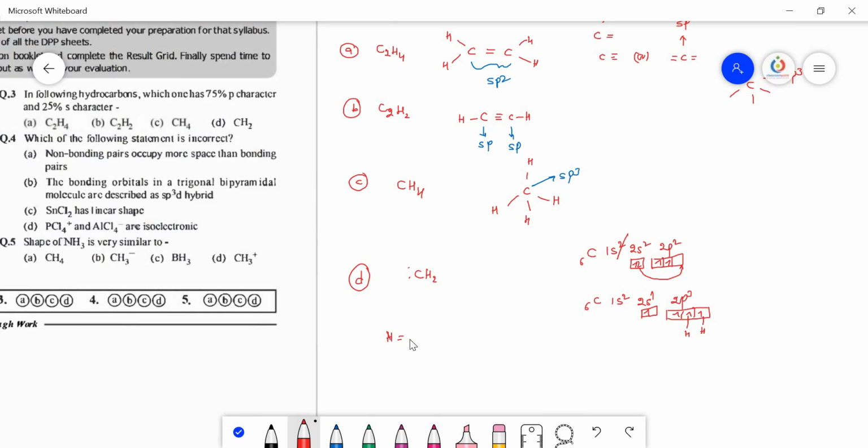Hybridization equals half into valency of the carbon, 4, plus 2 monovalent hydrogen atoms. So 4 plus 2 equals 6, by 2 equals 3. That means sp2 hybridization. So the molecule that follows this particular pattern is CH4.